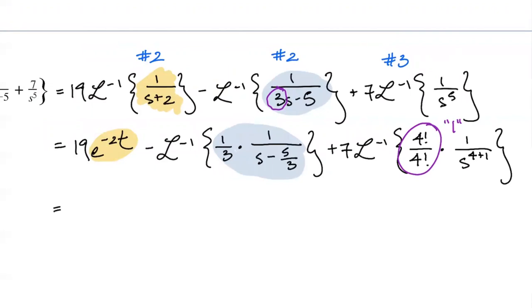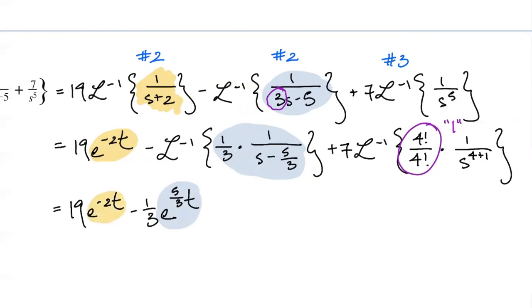And so if we typewriter around, we get 19e to the negative 2t minus, let's see, 1/3 e to the 5/3 t, right? So that would be the inverse Laplace transform of the second term.